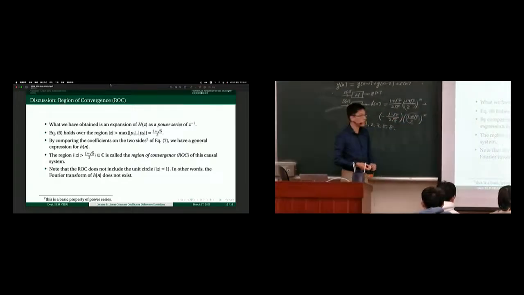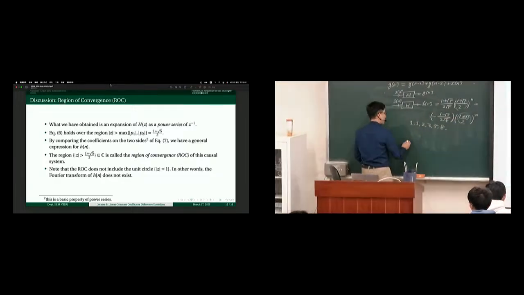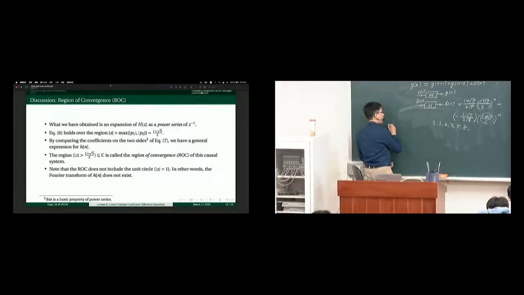Is that clear? So here, let's draw a picture maybe. So we may have the z-plane with real part and imaginary part. And on one side, we have P1 equal to 1 plus square root of 5 divided by 2, the golden ratio, by the way, okay?